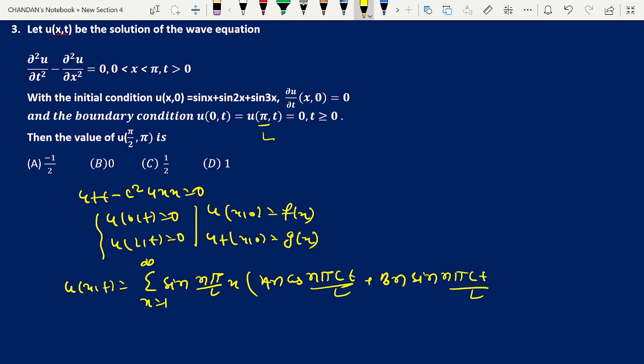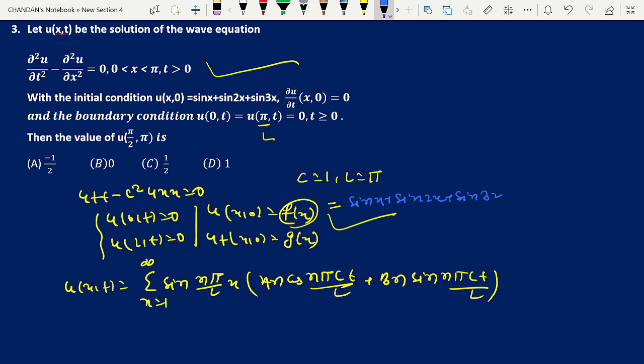Okay, so we compare this equation and this equation. What we get is c is equal to 1 and L is equal to pi. And f(x) is equal to sin x plus sin 2x plus sin 3x, and g(x) is equal to 0.